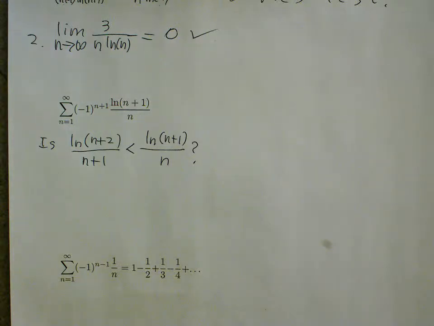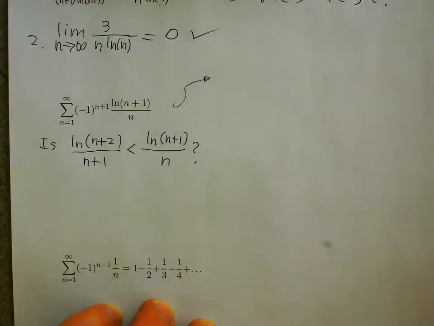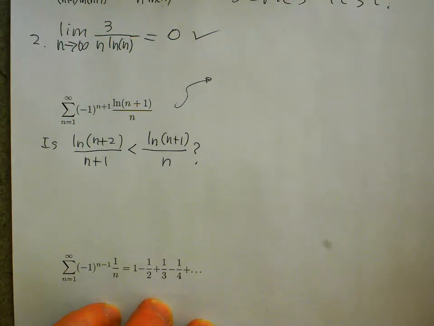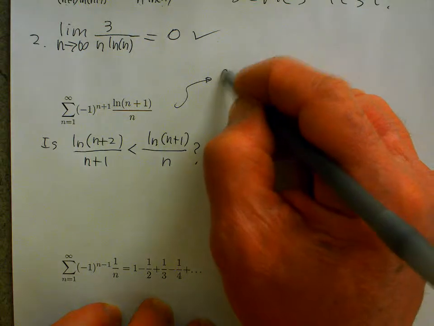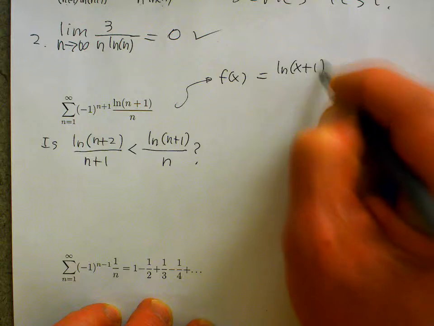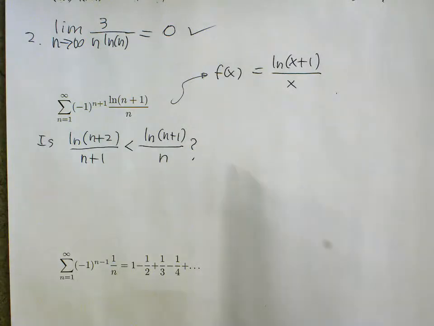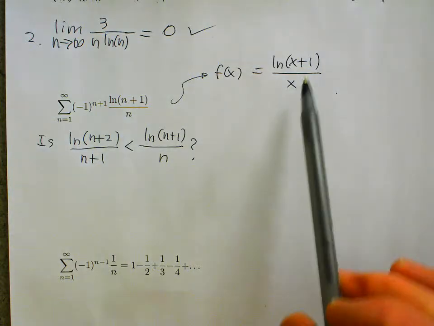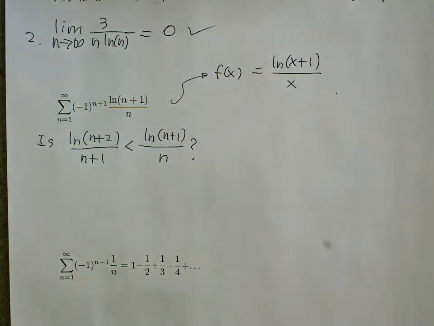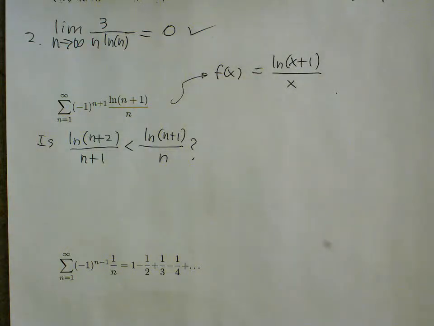So we can use calculus to help us out. If we consider the function f of x equals the natural log of (x plus 1) divided by x, if we can show that the derivative of this function is always negative after a certain point, then we can conclude that this function is decreasing. Right?